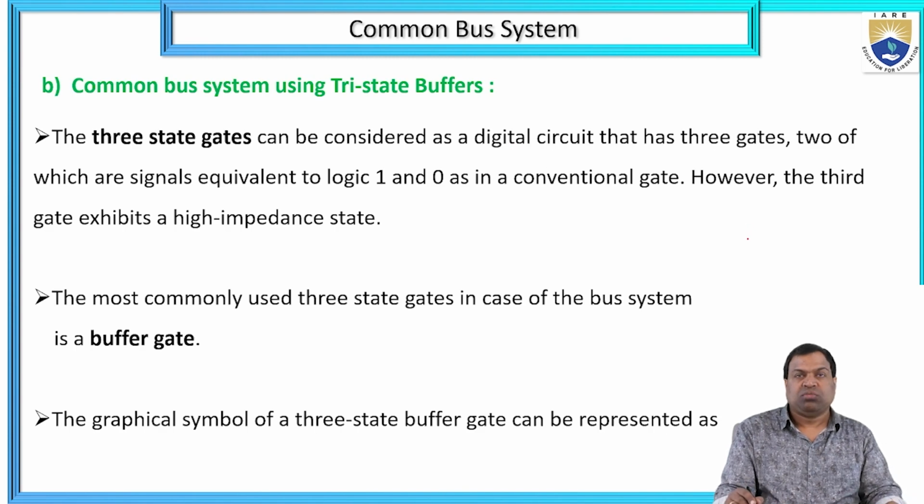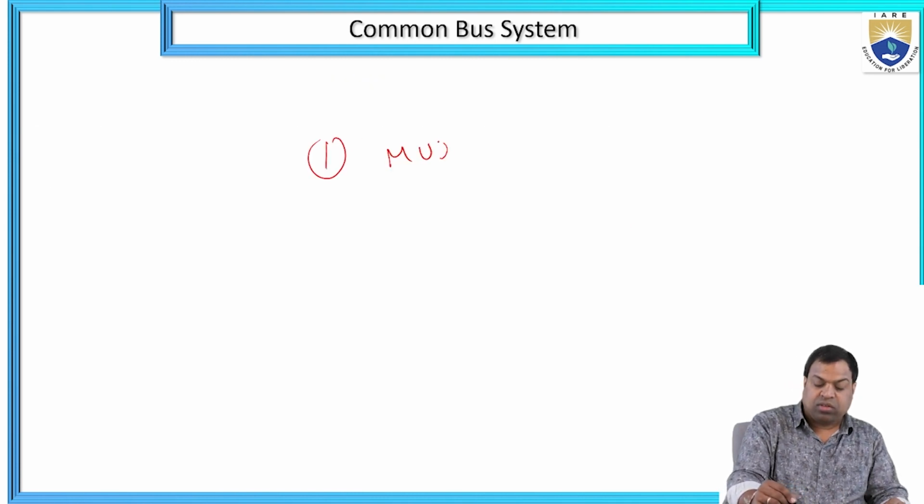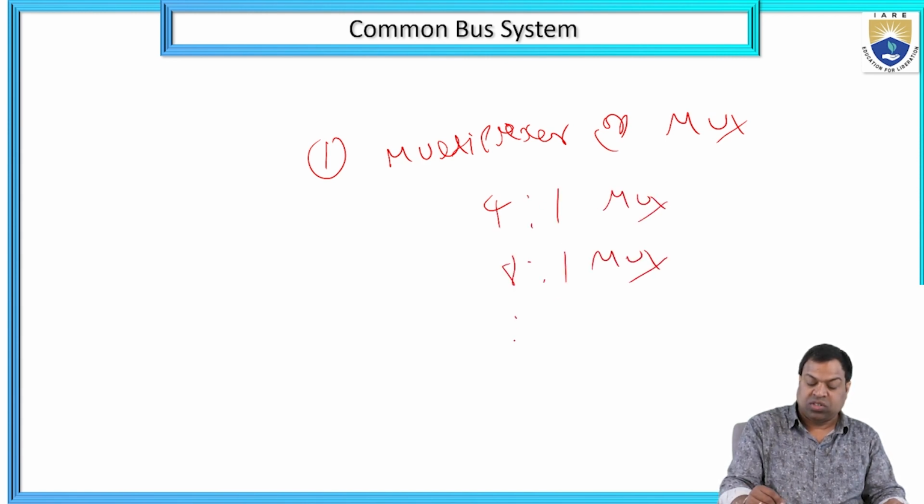So, common bus system using tri-state buffer. Previously we discussed the multiplexer or mux. Here I am taking 4:1 mux, 8:1 mux, 16:1 mux, or 2:1 mux, like this.